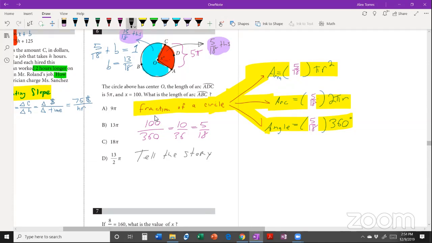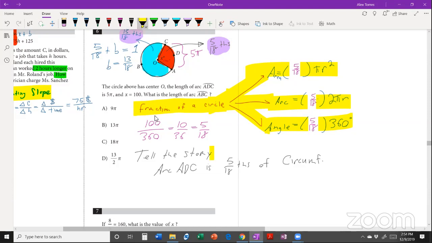So the story was that arc ADC is 5/18 of the circumference. It's essentially what they told us. By telling us that X is 100, they're essentially telling us that the fraction was 100 out of 360, which is 5/18.